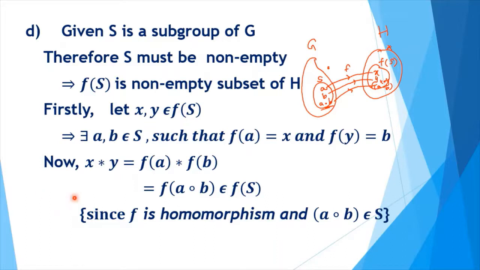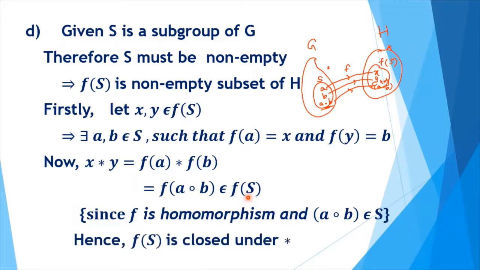Since f is a homomorphism and A dot B belongs to S, we have f of A dot B belongs to f of S. Hence, f of S is closed under the binary operation star.